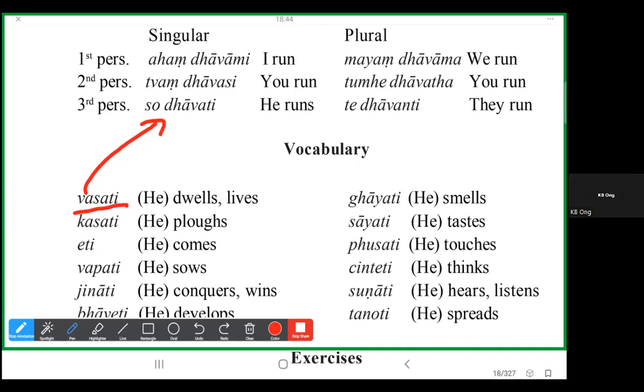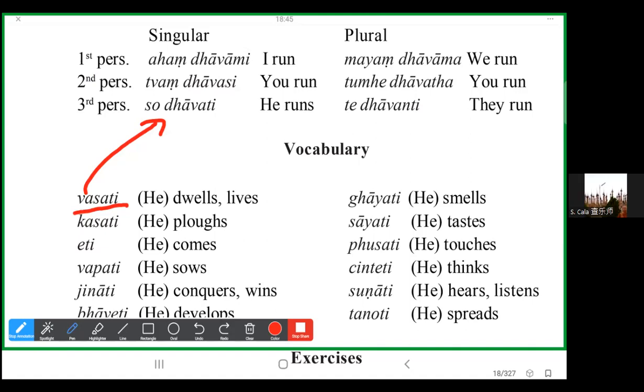Yes, Sayuji, can I try on here? Okay, good. So, basati, te basanti. Tuam basasi, tumhe basata. Aham basami, mayam basama.